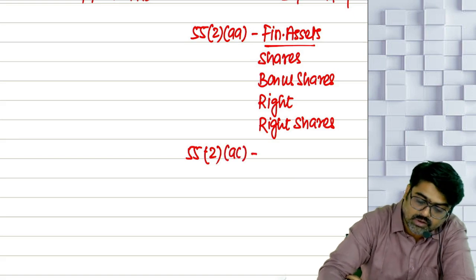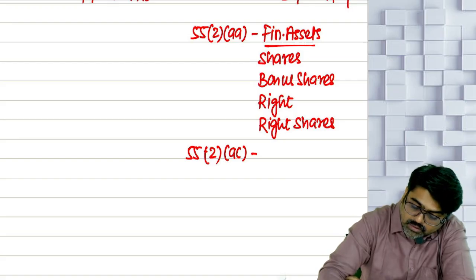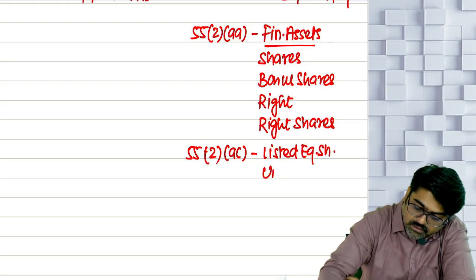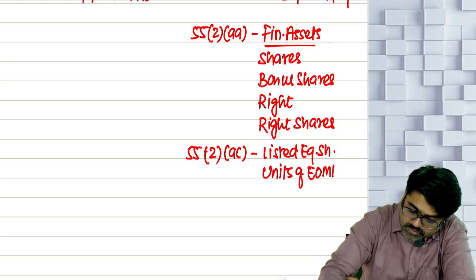Then after that, there will be section 55 subsection 2 clause (ac). Clause (ac) talks about three assets. First one, listed equity shares. Second one, units of equity oriented mutual fund.